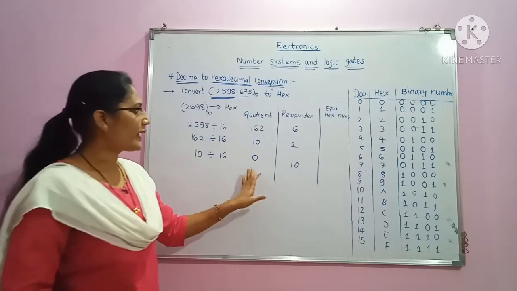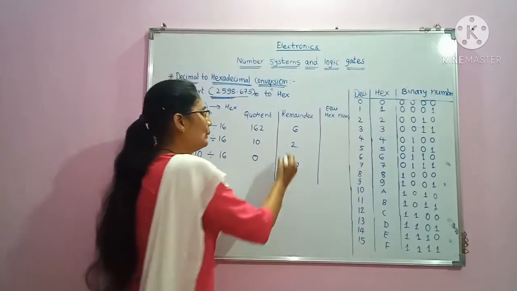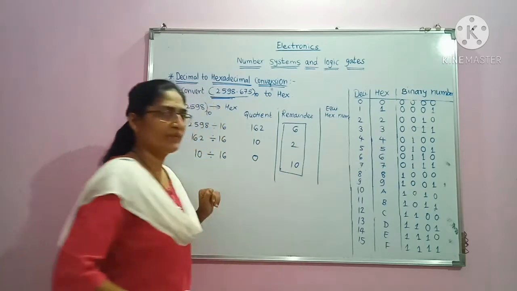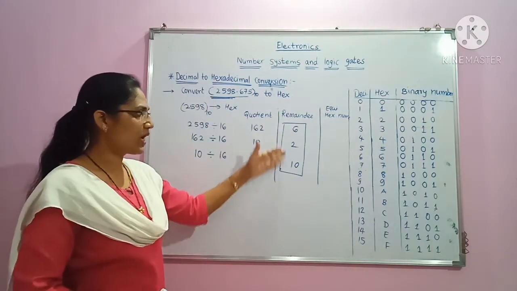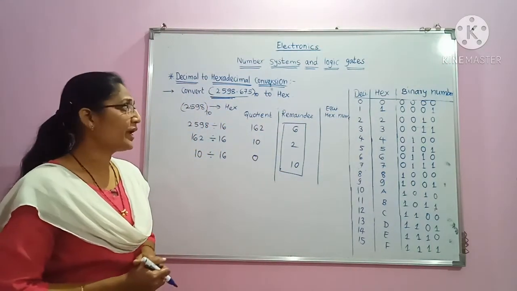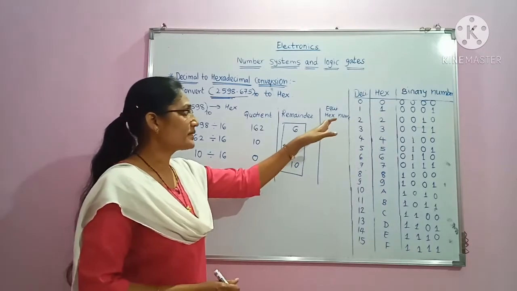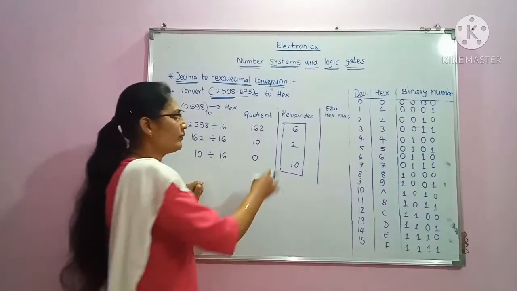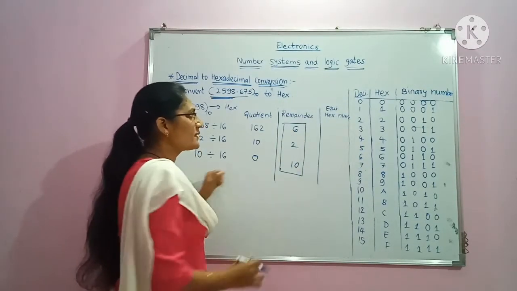After that you have to look into the remainder column, and these digits are very important in order to get the equivalent hexadecimal number. So here we have 6.